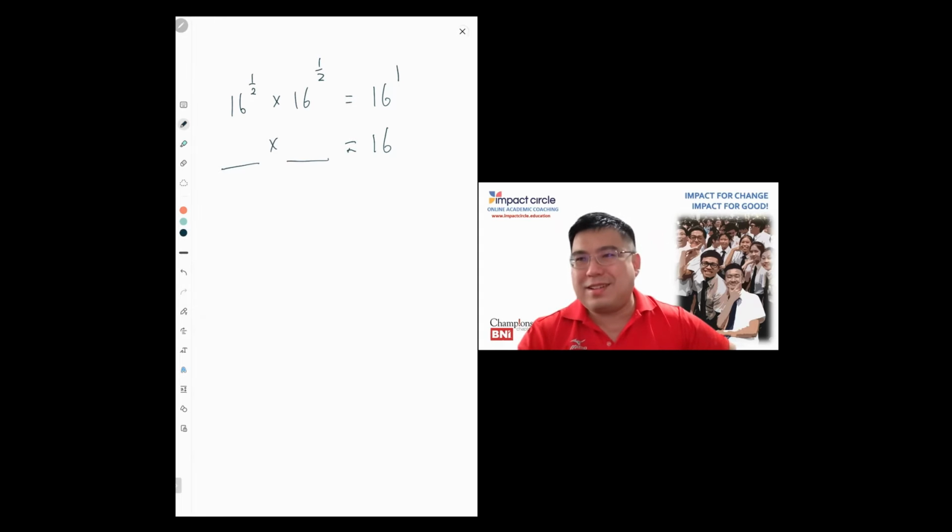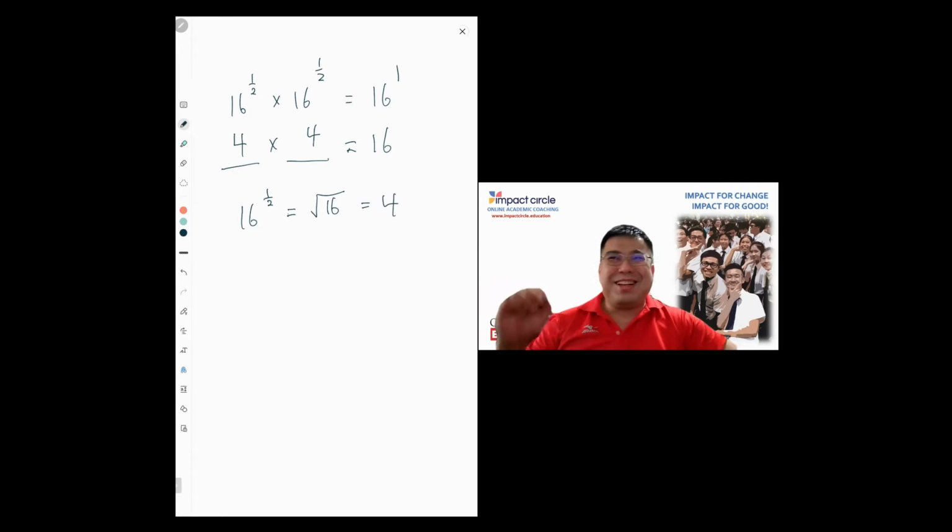And all of you know that the number in the blank is 4, because 4 times 4 gives you 16. Again, from this we can see that 16 to the power of half is equal to the square root of 16, and that will give us 4. So you have to remember that the square root of a number is the same as taking that number to the power of half.